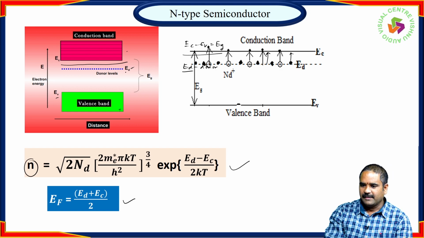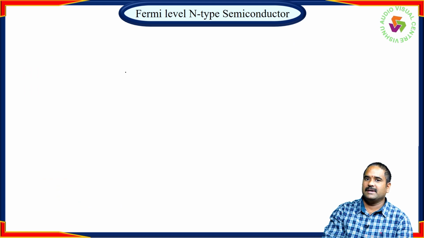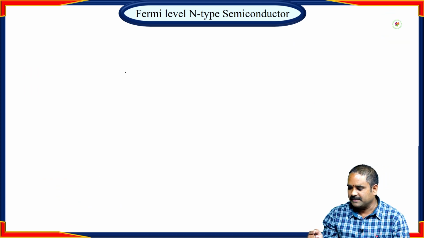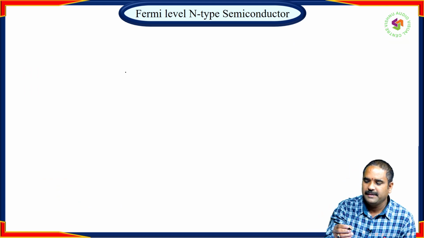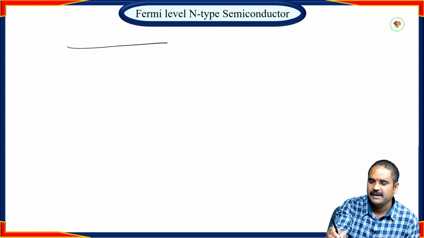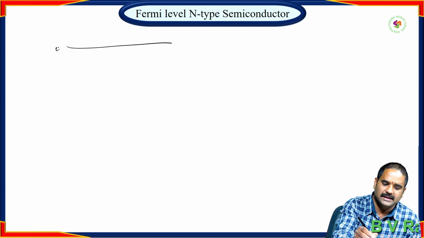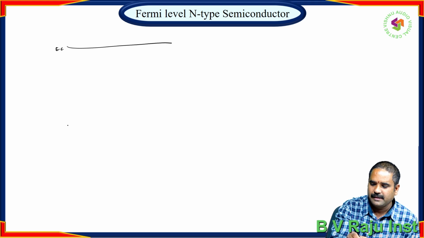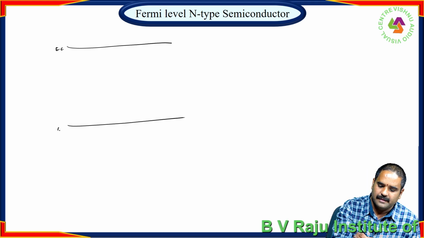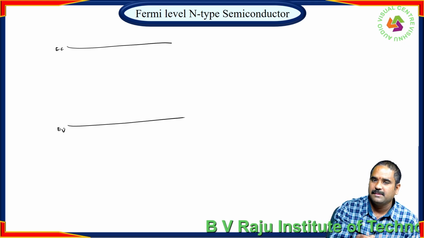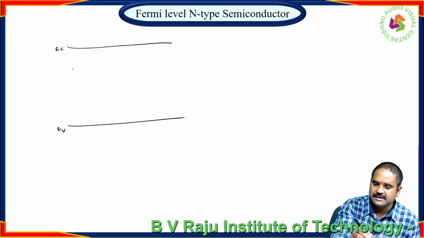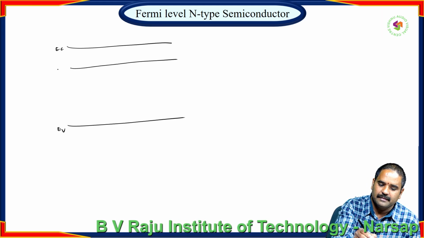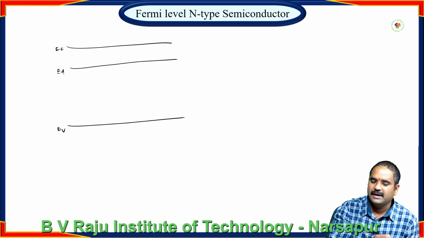Now we will see how the Fermi level in an n-type semiconductor varies with temperature. First of all, this is the conduction band, where E_C is the bottom of the conduction band, and this is the top of the valence band. Let us take this as E_D, the energy of the donor energy level.